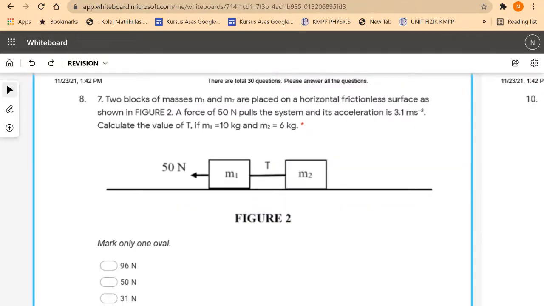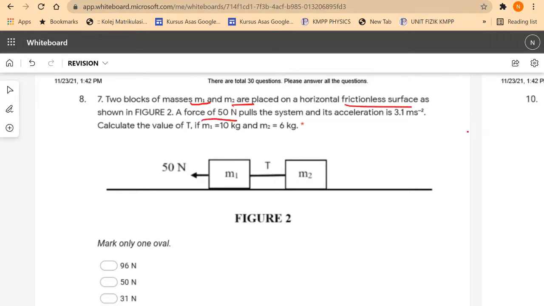Number 7. Two blocks of masses m1 and m2 are placed on a horizontal frictionless surface as shown in the figure. A force of 50 Newton pulls the system, and its acceleration is 3.1 meters per second squared. Calculate the value of T if m1 is 10 kg and m2 is 6 kg.